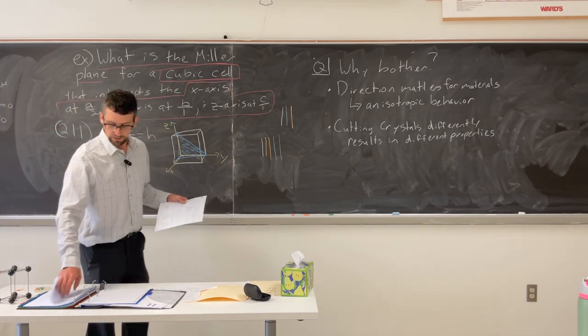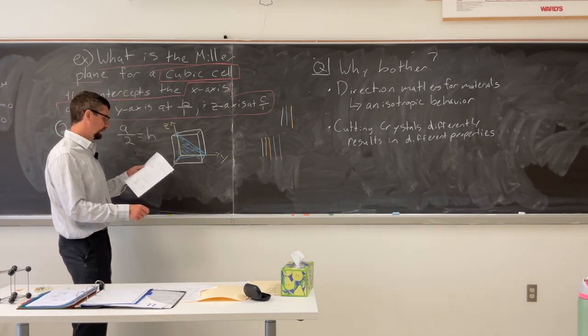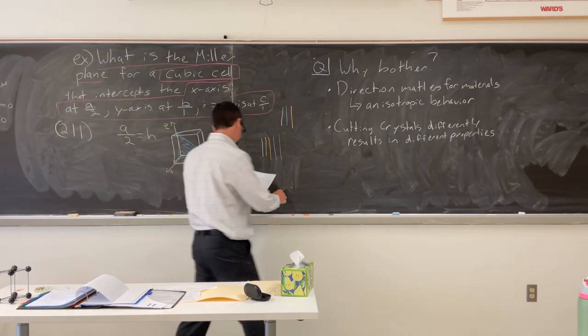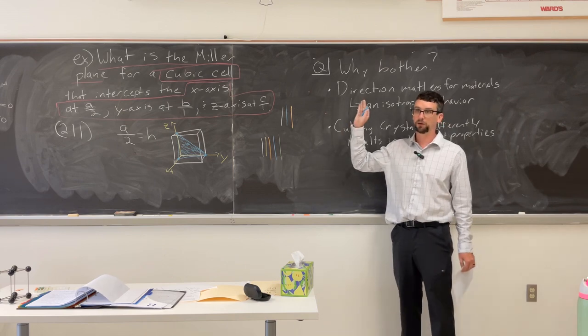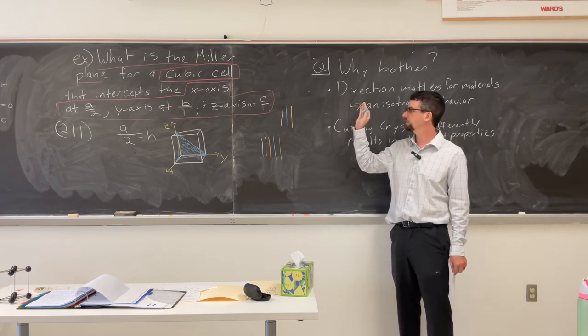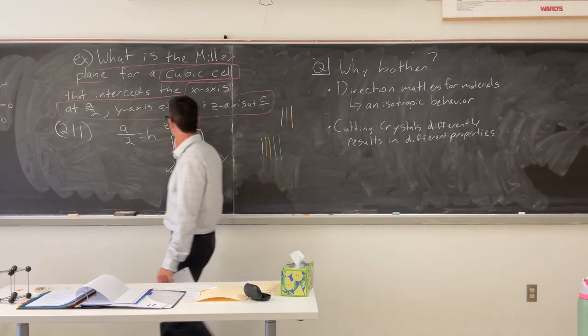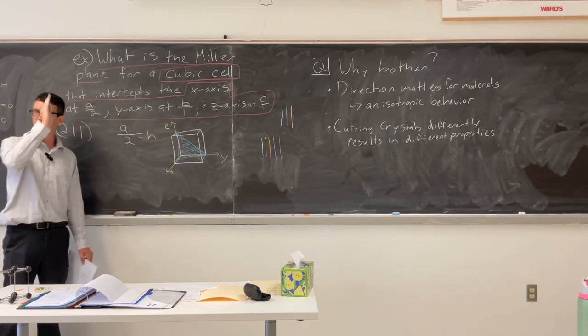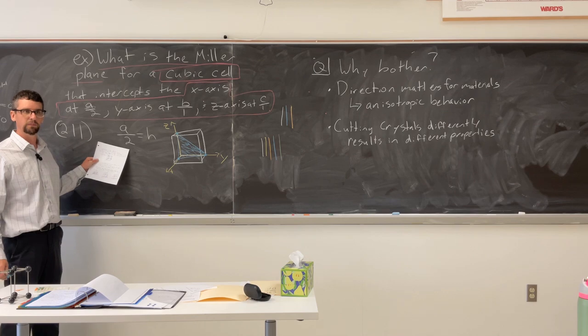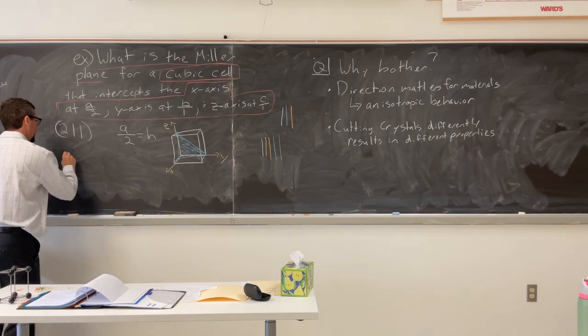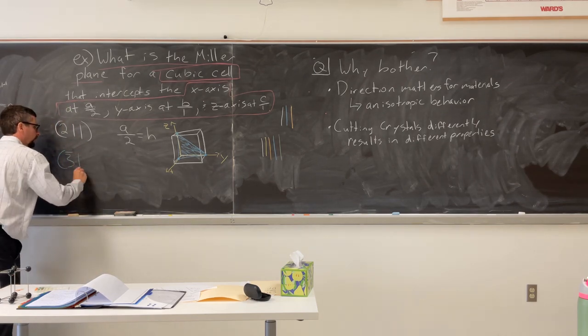Now, the 2 other questions that we're going to answer next time are, what about when you have a plane that runs parallel to an intercept? Like it doesn't cut the z-axis at all, it just runs parallel. And then what happens when we have a negative number indicated, like if we had a (3-bar 1 1)?